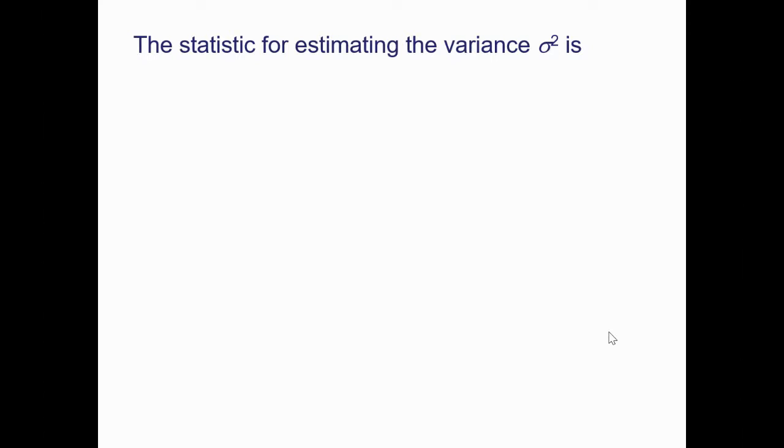The statistic for estimating the variance sigma squared of the model is S sub e squared, which is the sum of squared residuals divided by n minus 2. Even just this may start ringing some sort of bell. I think I've seen this before.